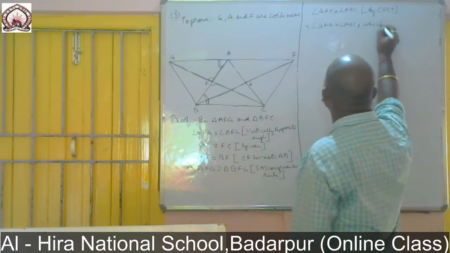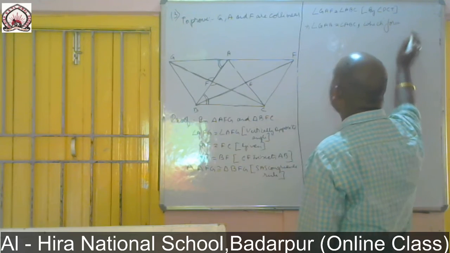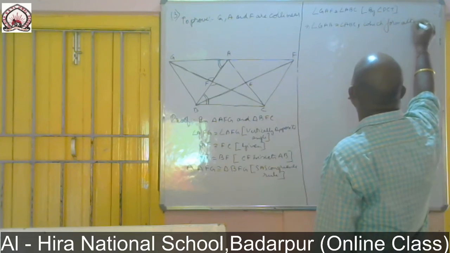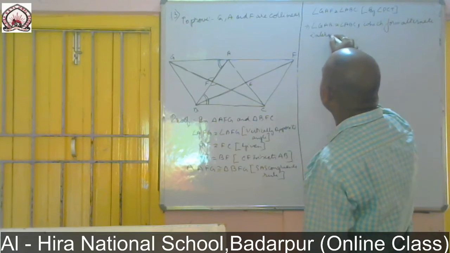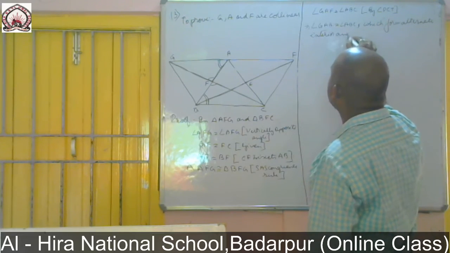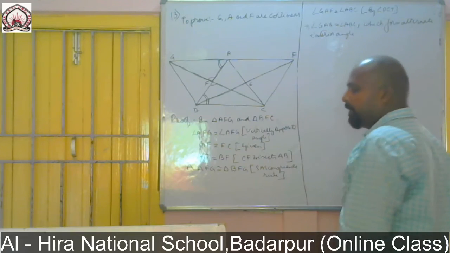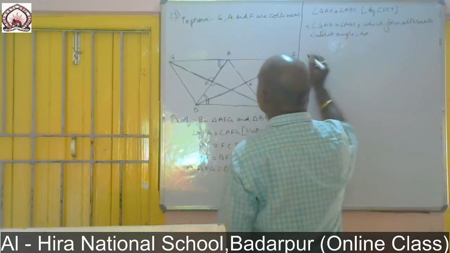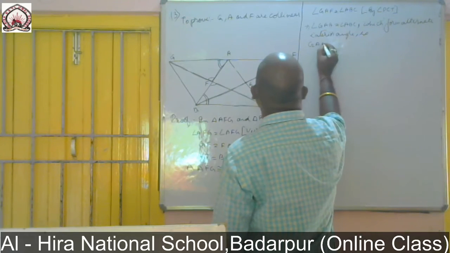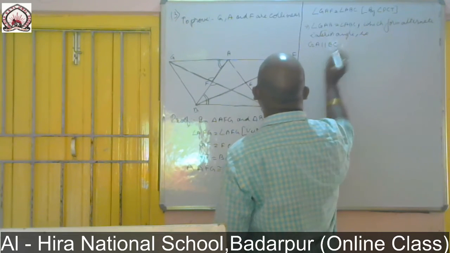which forms alternate interior angles. So GA is parallel to BC.